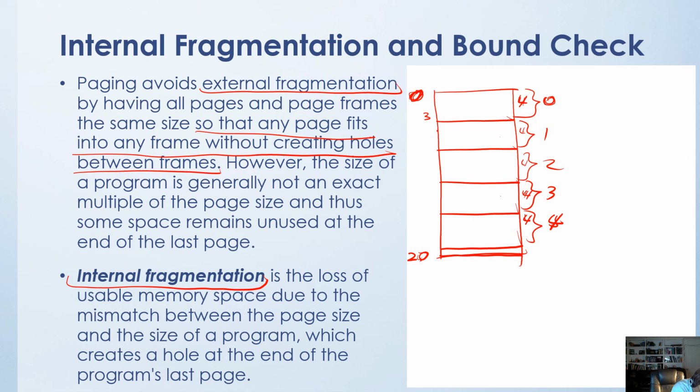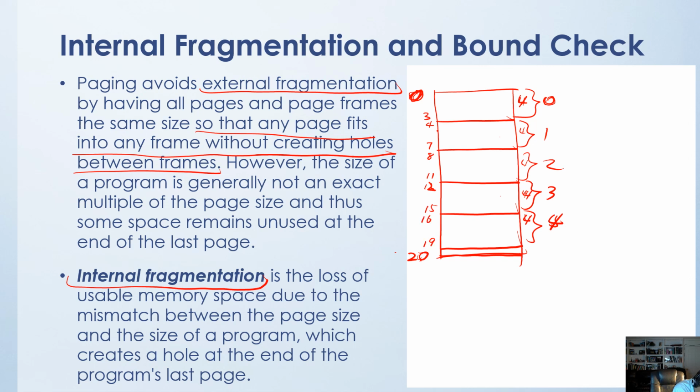Okay, so then the first page covers the logical addresses from 0 to 3, and 4 to 7, and 8 to 11, and 12 to 15, and 16 to 19.